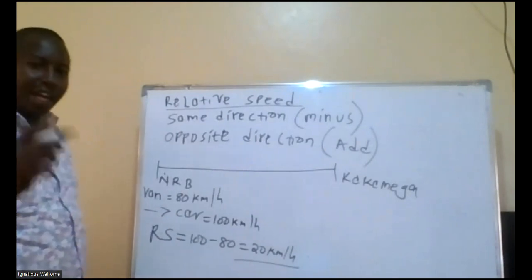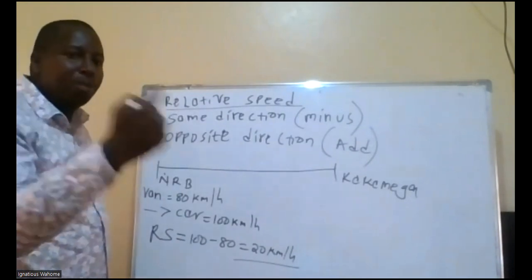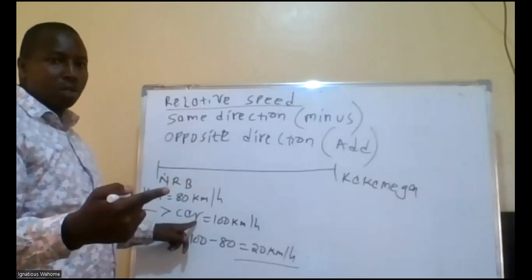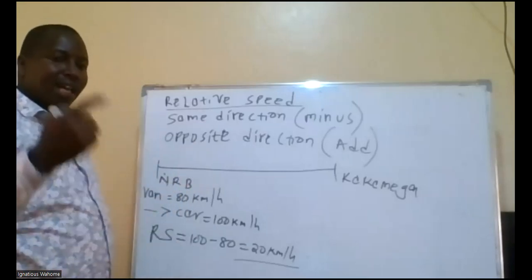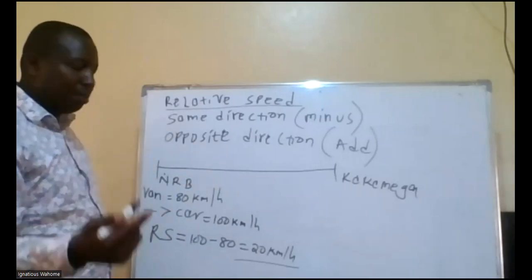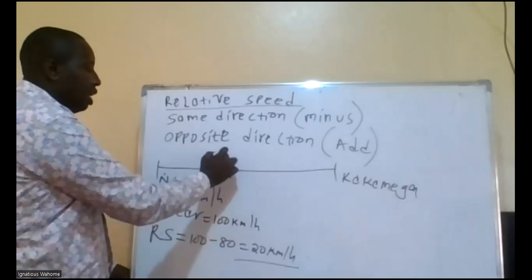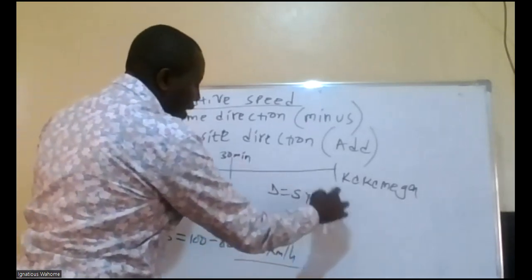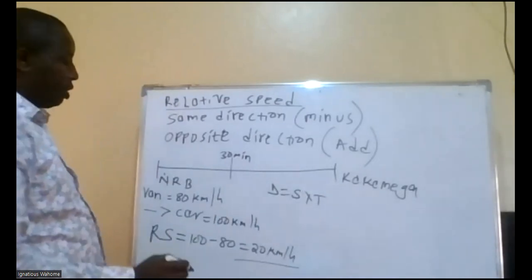The van left 30 minutes before the car. So can you calculate the distance that was traveled by the van for half an hour, which is 30 minutes? Distance is equal to speed times time.